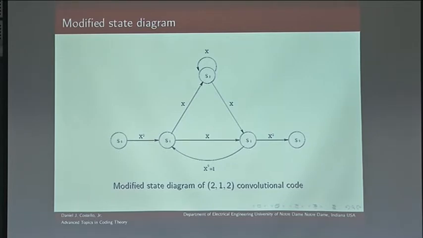Here we have x squared. Same way up here: you can either stay here or go down here, either way with weight 1, so you get x. Here is the one where you go back from this state to this state with 0 weight, so this is x to the 0, or 1. And then when you return to the all 0 state, you pick up weight 2. So this is the modified state diagram corresponding to the state diagram that we started with.